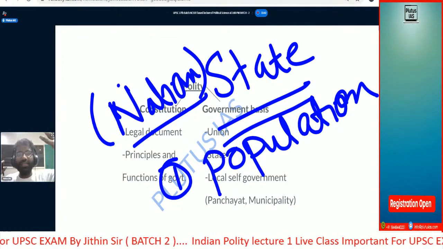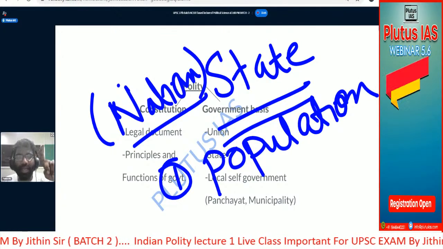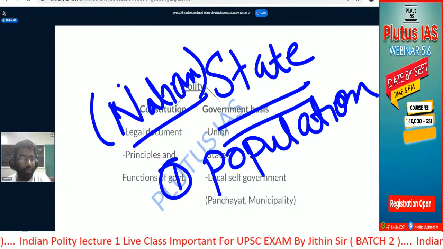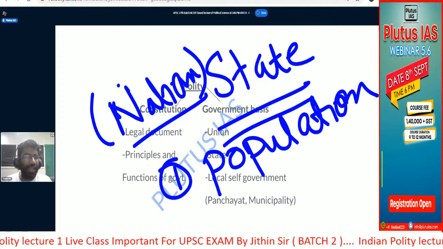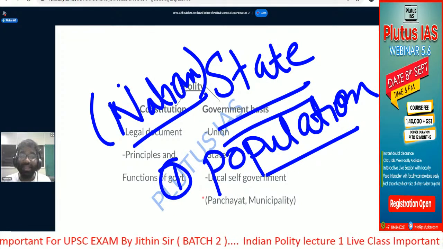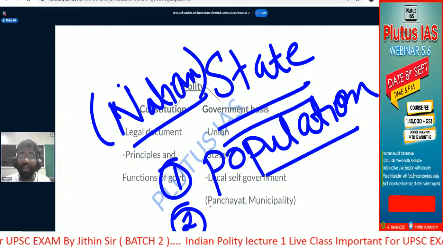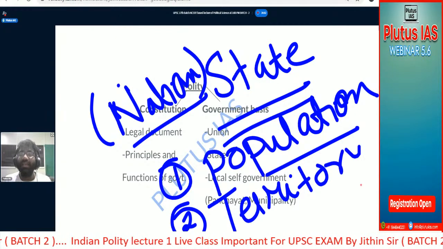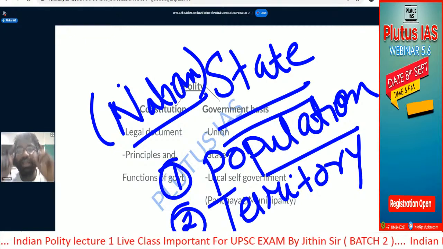So we are the first element of India. First element is population. People like us, Jithin, Nupur, Ruxana, Soumya, Priyanka, all these people are part of population. Second element is territory. Where will these people stay? They will stay on the land.